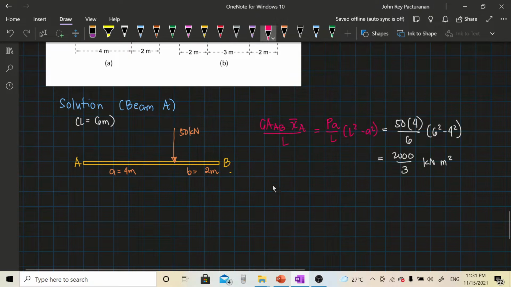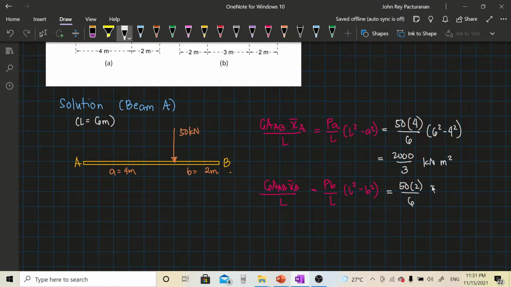Okay? So, proceed tayo to the other one, yung 6AAB, centroid ng B over L. So, that is simply PB over L, tapos the quantity L squared minus B squared. Then substitute this as 50 times 2 over 6.